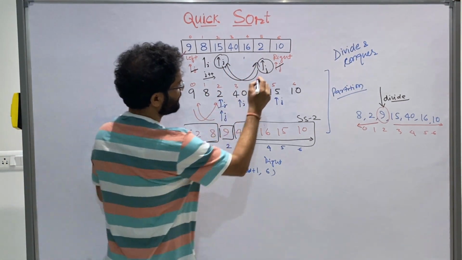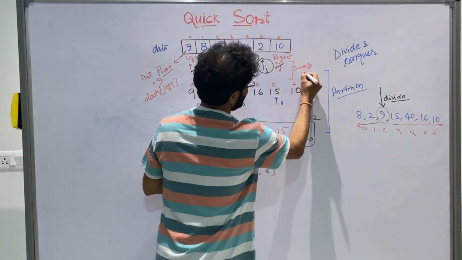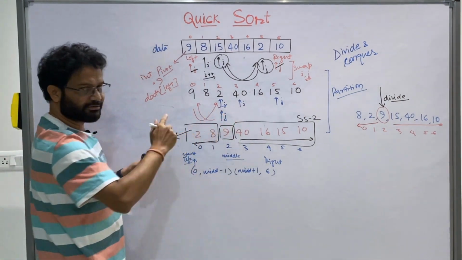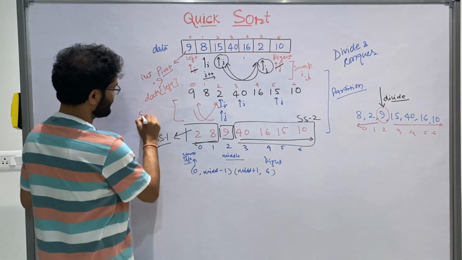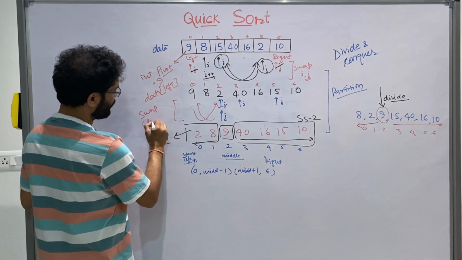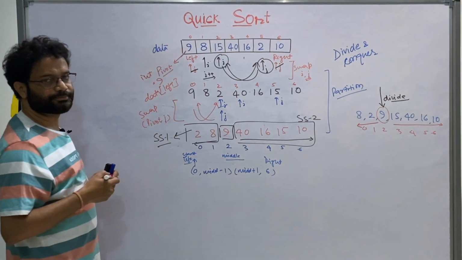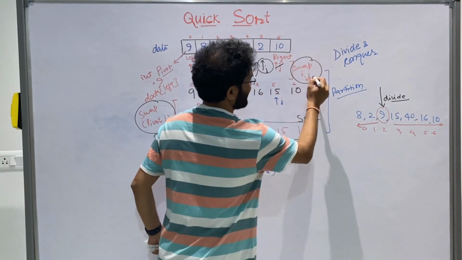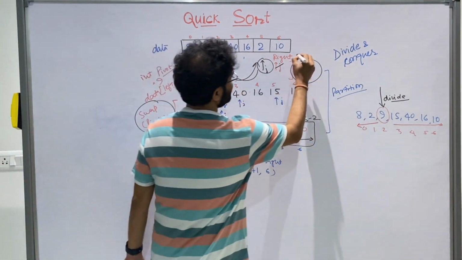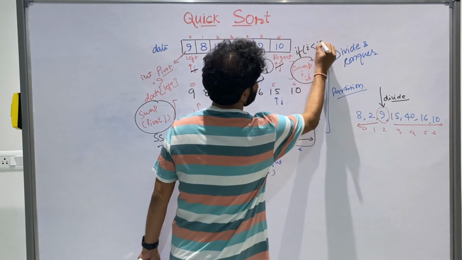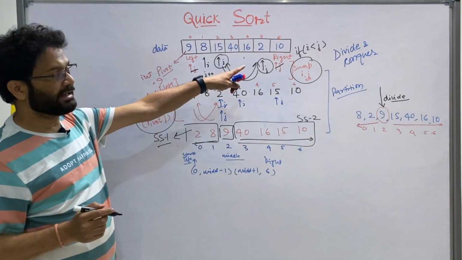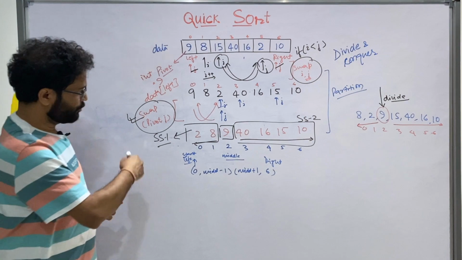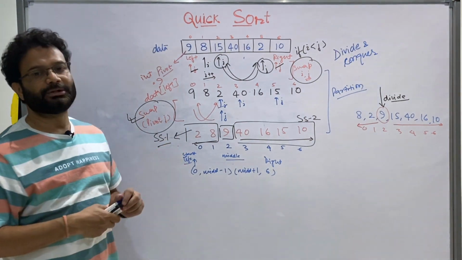So if you see here, I swap between i and j, but the moment i and j cross each other, swapping happens between the pivot and j. So we do two kinds of swapping. One swapping between i and j when i is less than j. Otherwise, we do the pivot swapping. Use this code in a recursive way, and your elements will be sorted.